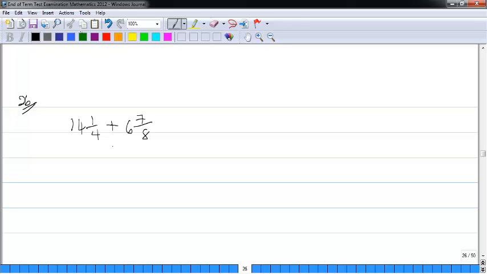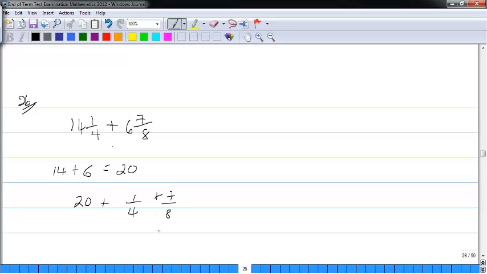Number 26. Number 26 asks us to add 14 1/4 and 6 7/8. So let's go through now. Let's deal with our whole numbers. We have 14 plus 6, which is equal to 20. So it is 20 plus whatever 1/4 plus 7/8 is.